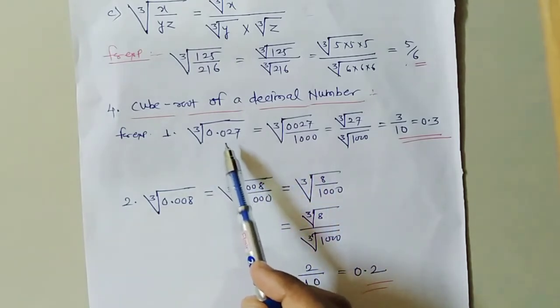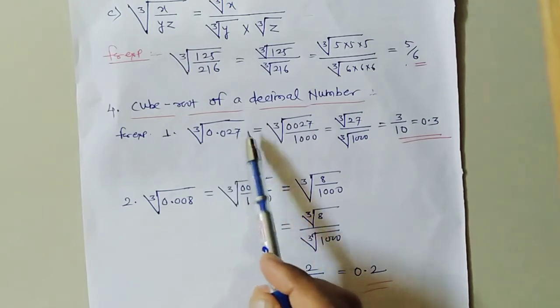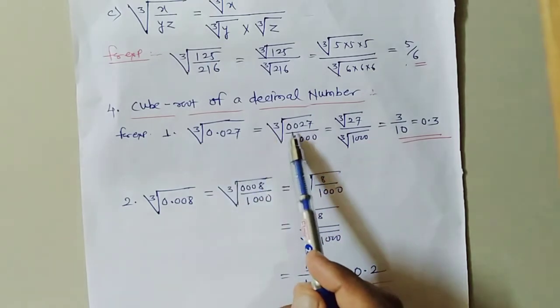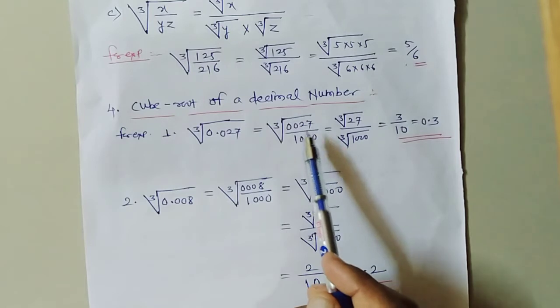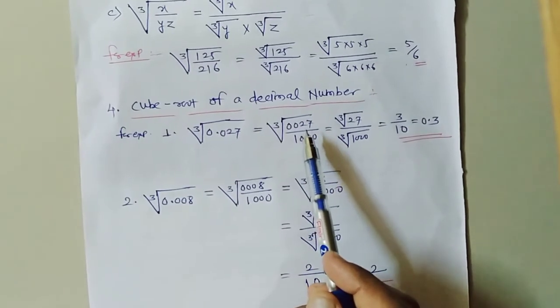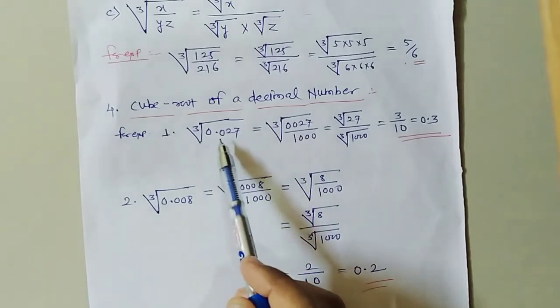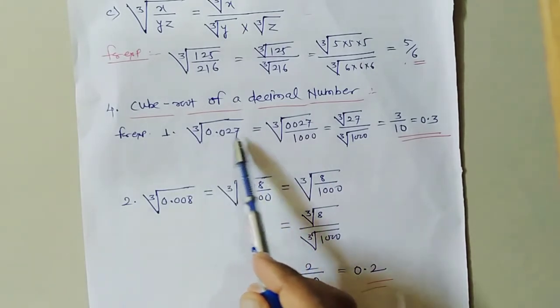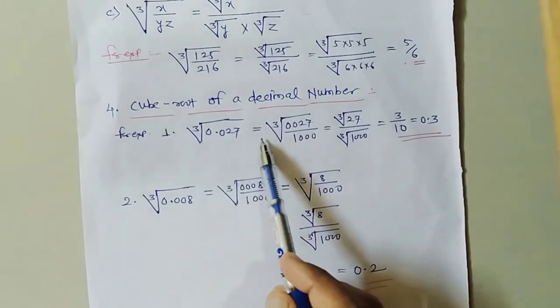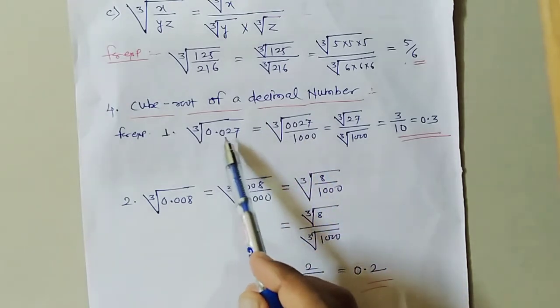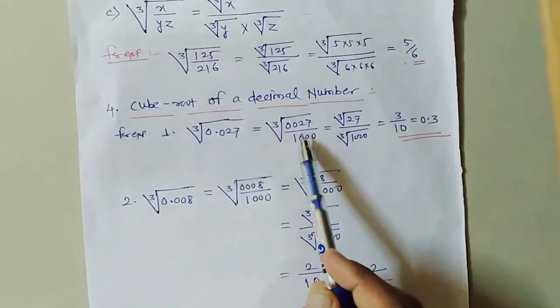Convert this given decimal number into a fractional number and then find its cube root. So cube root of 0.027 is equal to, you have to convert this decimal number into the fractional number.